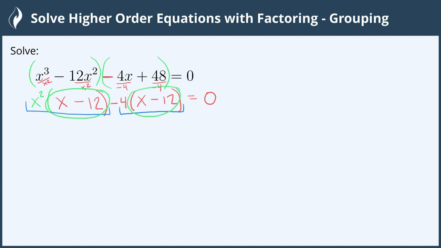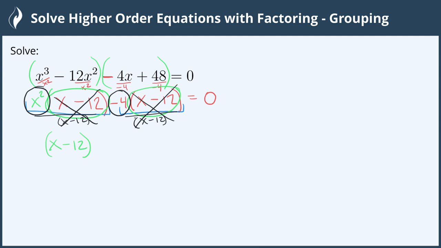So if we factor that out, that's like dividing the first one by x minus 12 and the second one by x minus 12. You'll see that it cancels out the binomial in both of those terms, which leaves us with x squared minus 4. So we have x minus 12 times x squared minus 4 equals 0.